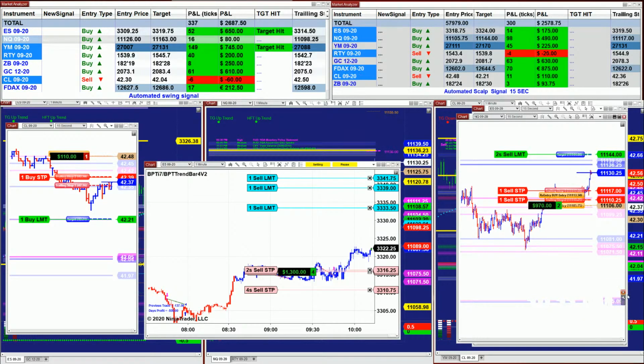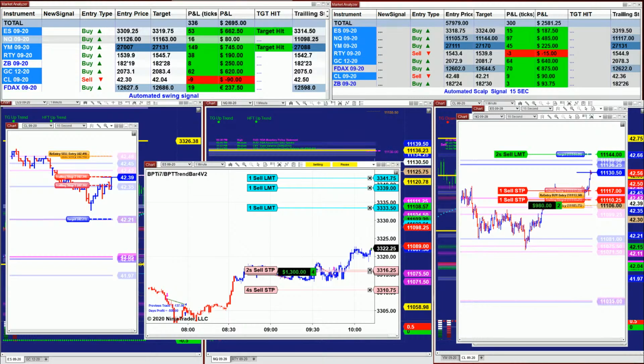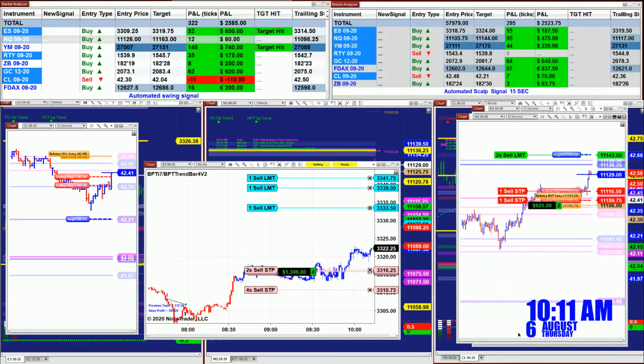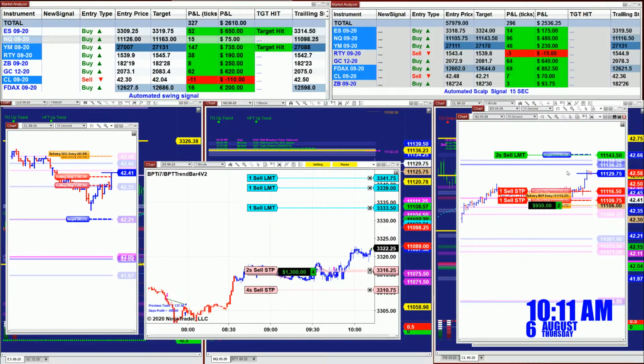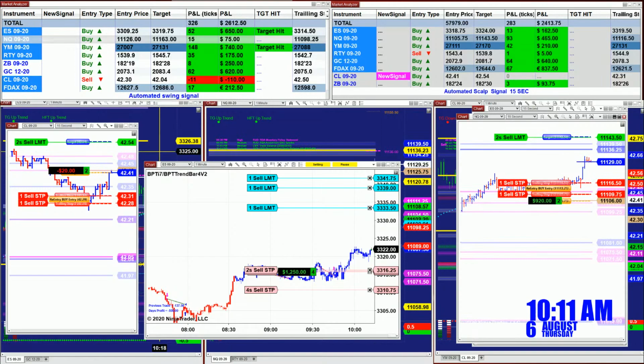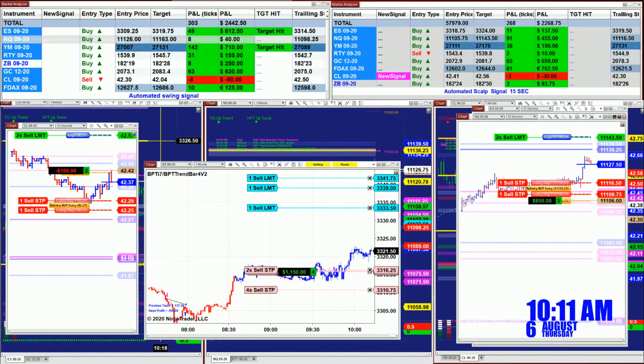I'm concerned about this double resistance. We have 1136.25. This is a double resistance. I'm not sure the NASDAQ able to cross that.